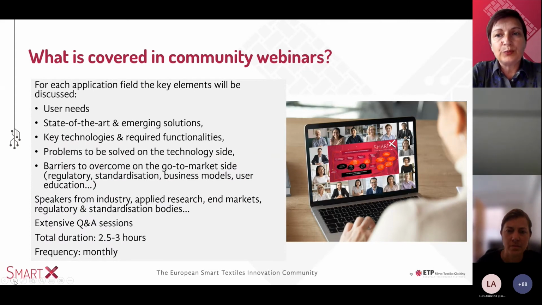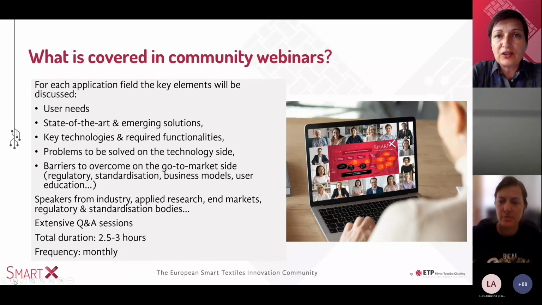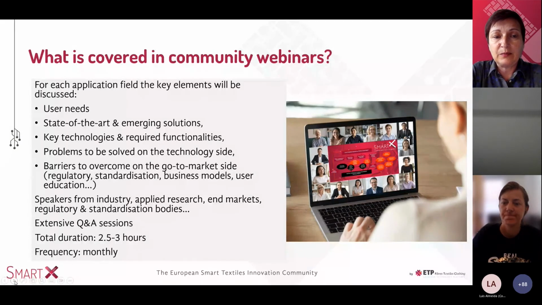Next slide, please. Here I would like to point out what we will do in these webinars. I try to bring together the content from the perspective of what you are searching for during your work. And from the industrial perspective, it is very important that we discuss the user needs, the state of the art and emerging solutions, and the key technologies for that specific application field.